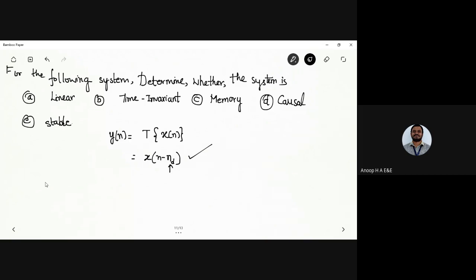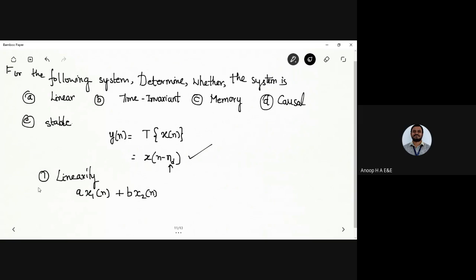Now moving on to the first one, the linearity concept. So what is linearity? I have a weighted sum of the inputs, a x1 of n plus b x2 of n.